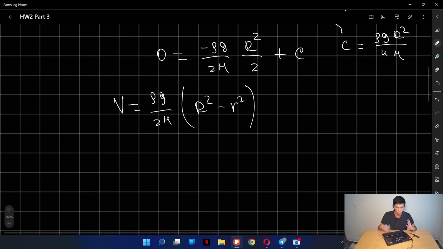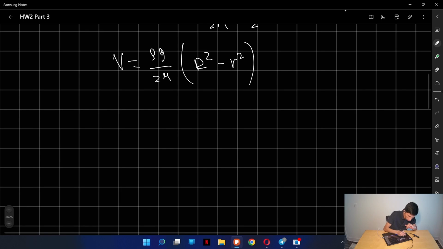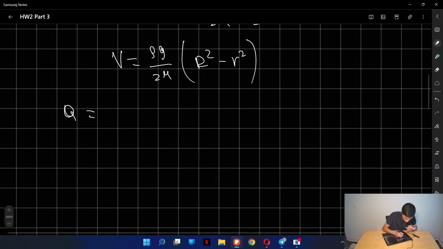So now we can also find the flow rate of our equation. The flow rate is going to be equal to the velocity times the change in the area. And if we want to integrate that, we're going to use the cylindrical shells concept.